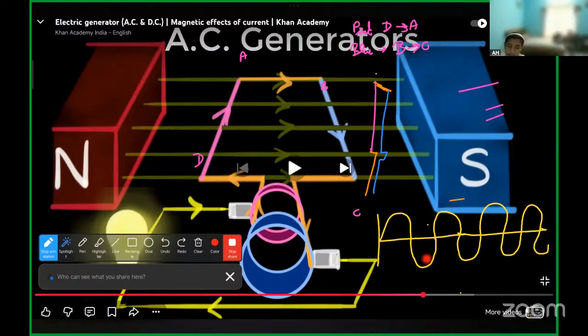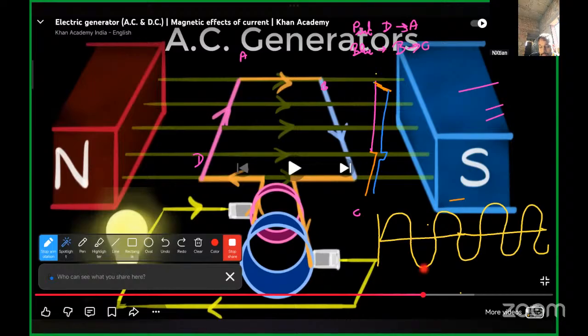When the current switches, we see the flickering of the light, right? Basically, the flickering happens like this: the light is on, off, on, off, on, off, like that it flickers.